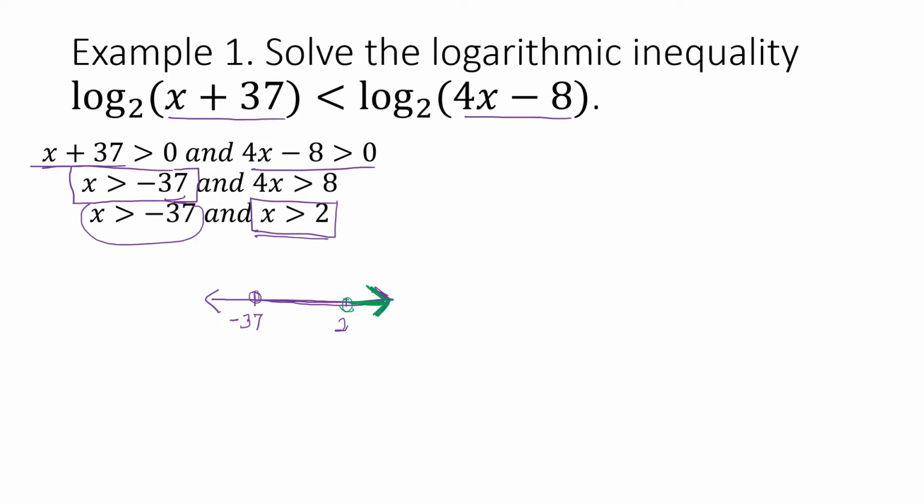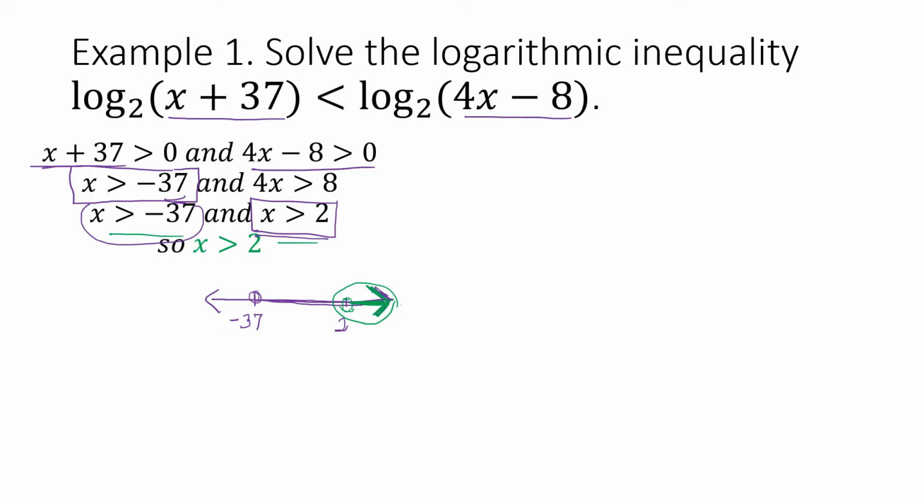And since the shaded parts intersect here, when you combine these two inequalities, the solution is x is greater than 2. All numbers greater than 2. Because if x is greater than 2, for sure, that is also greater than negative 37.